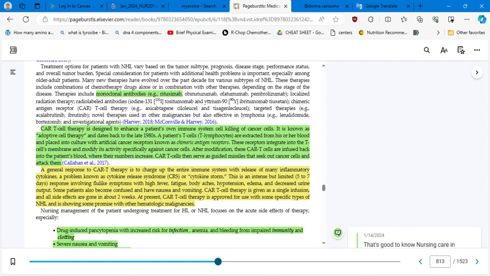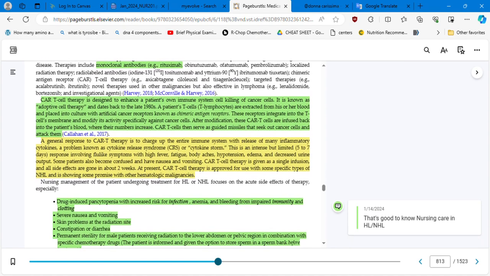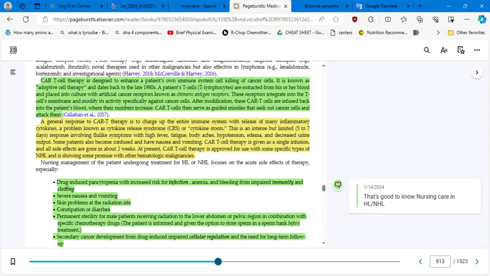Also, there are monoclonal antibodies like rituximab, which is very popular. And this therapy that is mentioned in your PowerPoint and is very popular, CAR T cell therapy, is designed to enhance a patient's own immune system cell killing of cancer cells. It is known as adoptive cell therapy and dates back to the late 1980s.